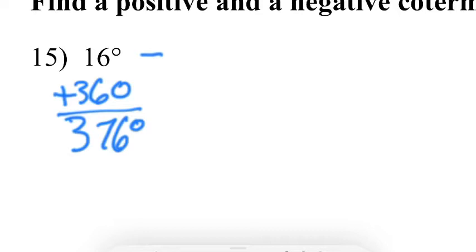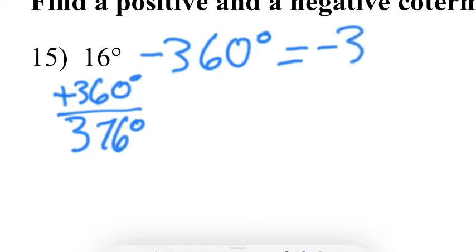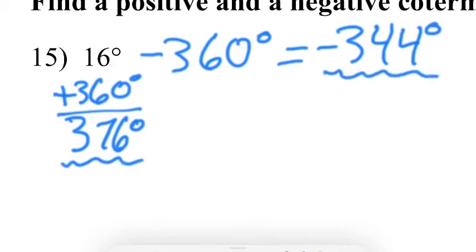Also going to subtract 360 degrees to get your negative 344 degrees. So there is your positive, there is your negative. The reason why we were adding and subtracting 360 degrees is because we were asked to find coterminal angles.